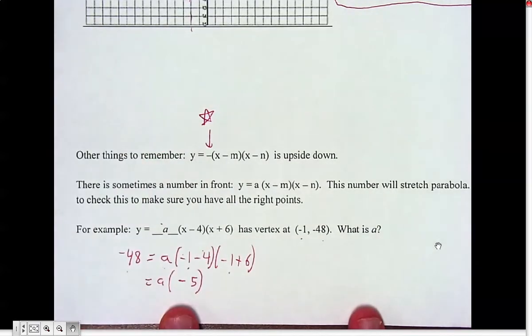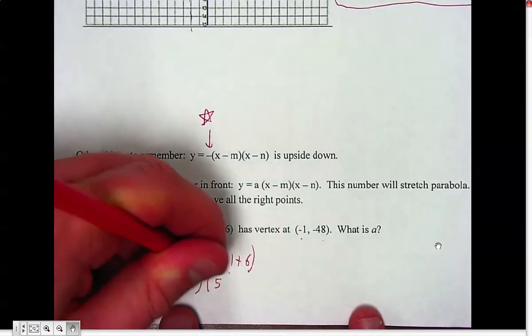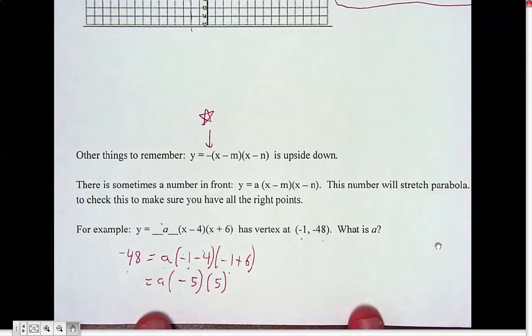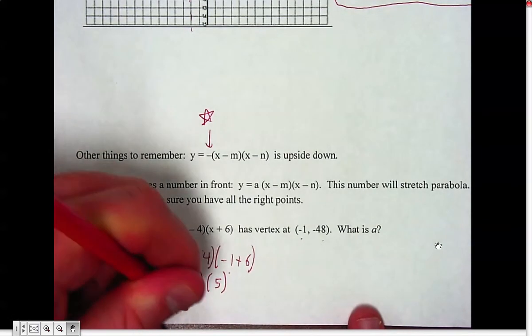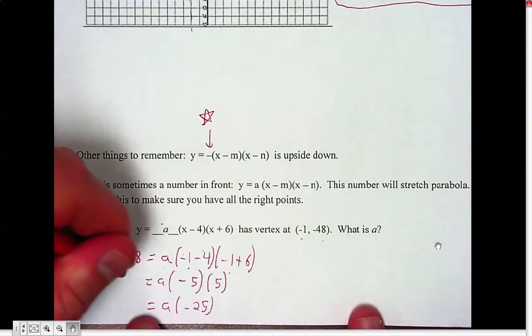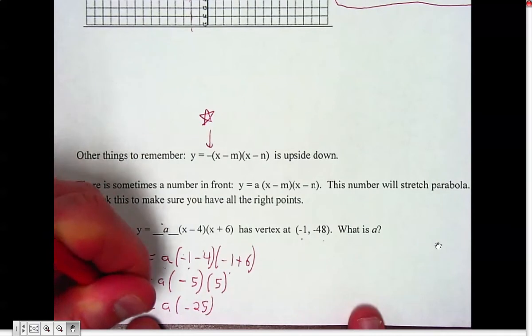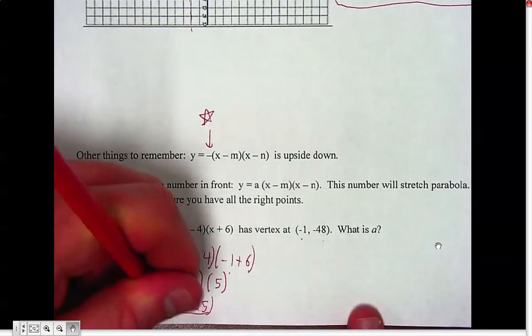And then -1 plus 6 is 5. Now I get -5 times 5 is -25. So now I have -48 equals A times -25.